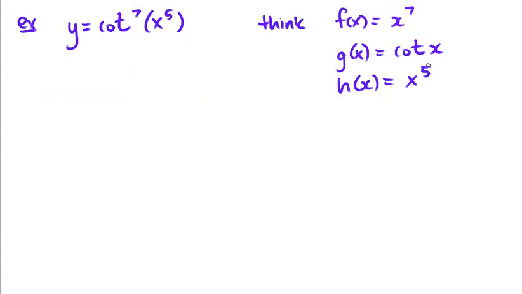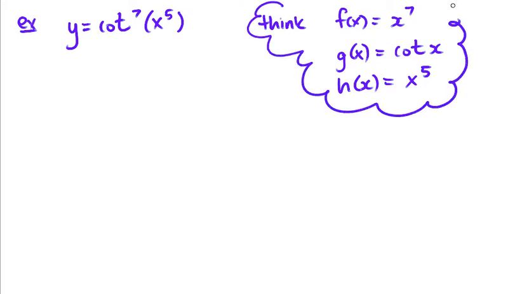And here's one more very complicated example. This one's quite difficult because we need to think about a composition with 3 functions, a function put inside a function put inside a function, double plugging in. So y is cotan to the power of 7, which is really cotan of x to the 5, all of that raised to the 7th power.